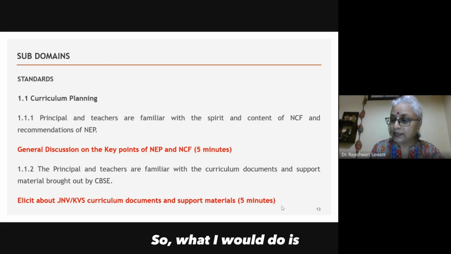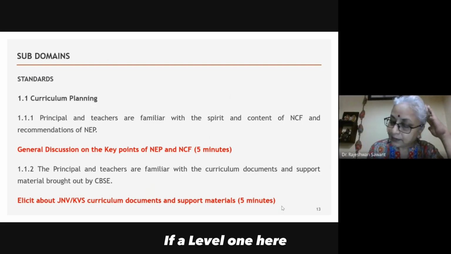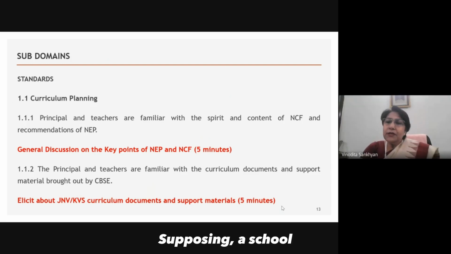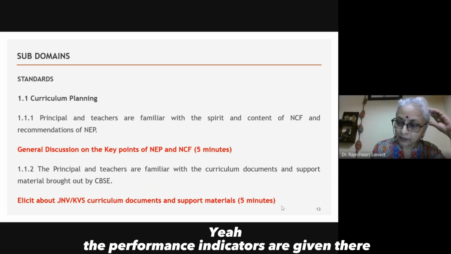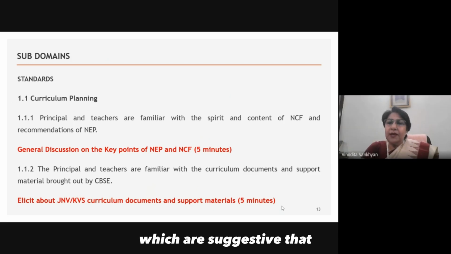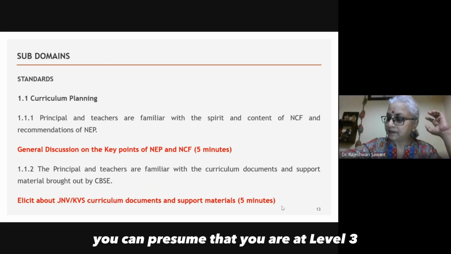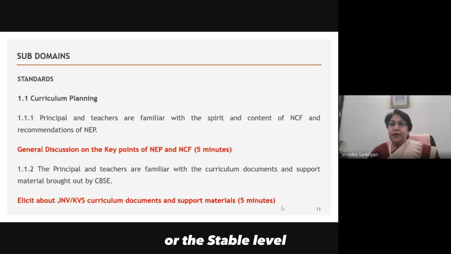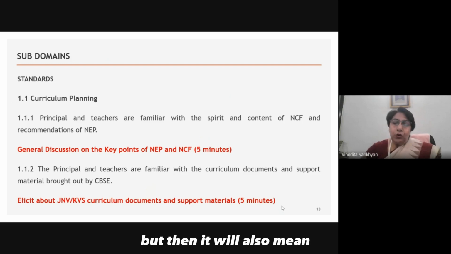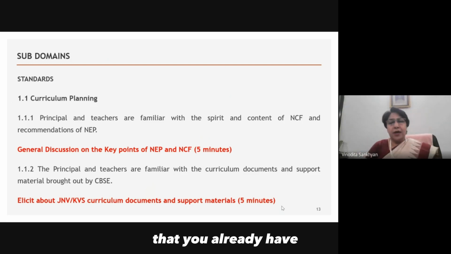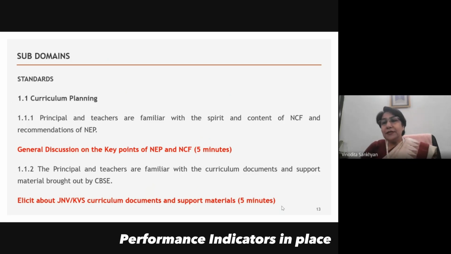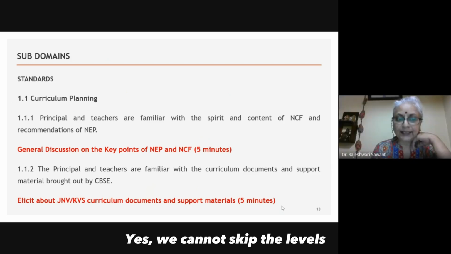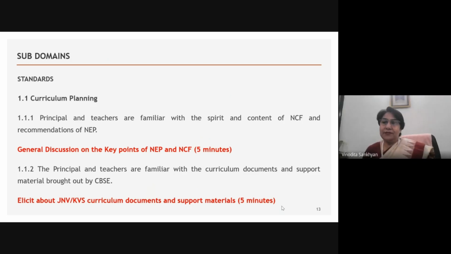So what I would do is, supposing a school feels that they are at level 3, the performance indicators are given there, which are suggestive that if you have all these, you can presume that you are at level 3 or the stable level. But then it will also mean that you already have level 1 and level 2 performance indicators in place. We cannot skip the levels.